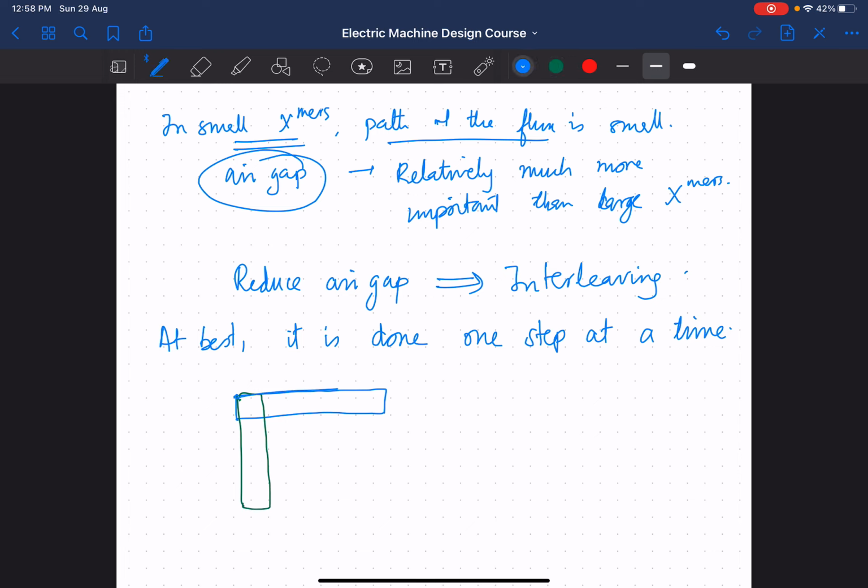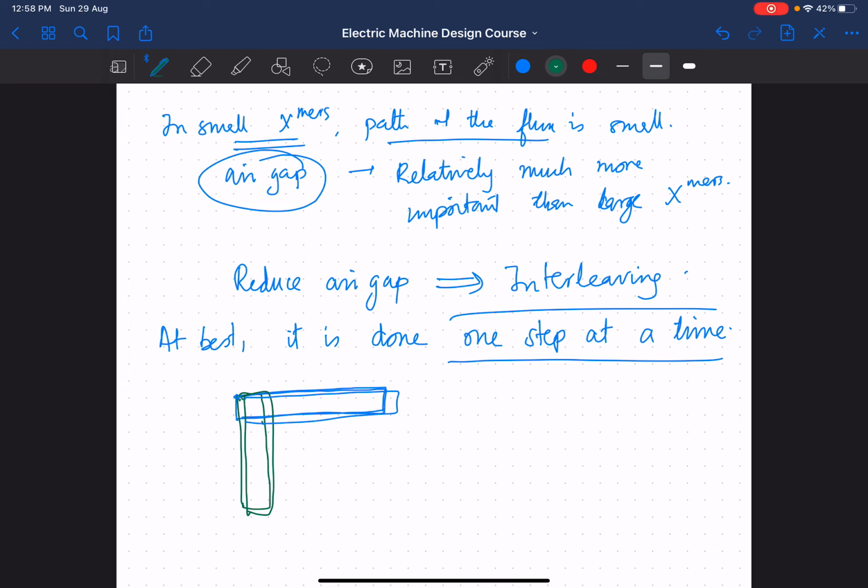Then you place the second section on top of this. Then you do the second section like this, right? This process is repeated until you get the desired width of the core. So this is done one at a time, and this is usually done in smaller transformers, one step at a time.